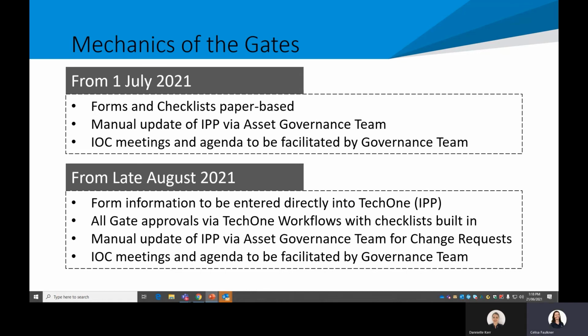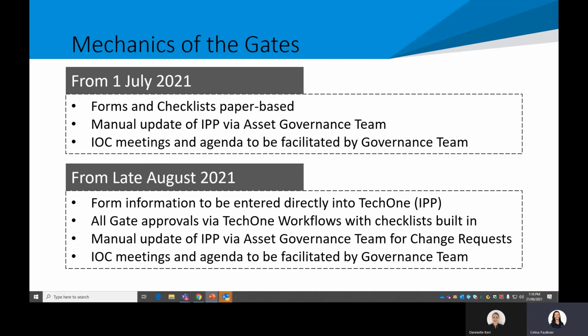So the forms, the investment opportunity brief and business case templates, they will exist. From late August, or even from now actually, but from late August, they will be fields that sit in IPP. The whole form will be fields in IPP.